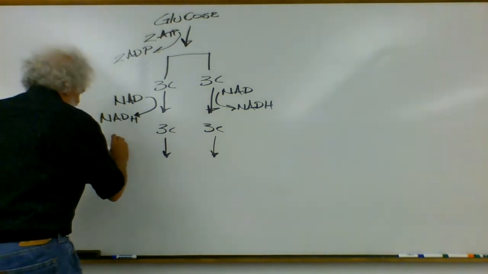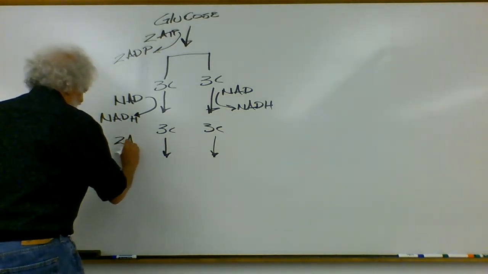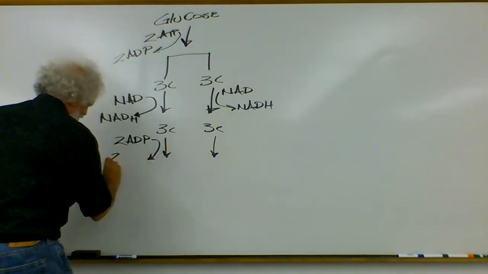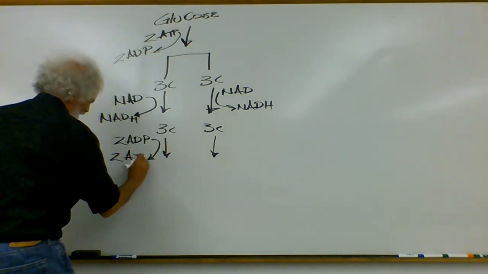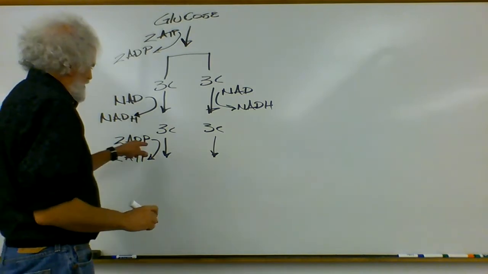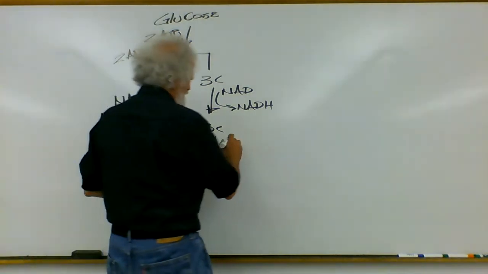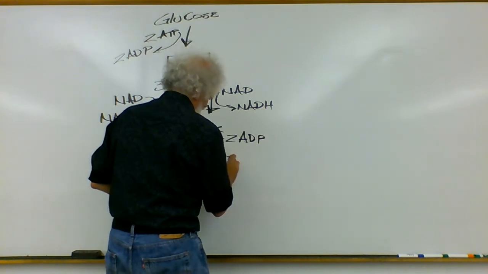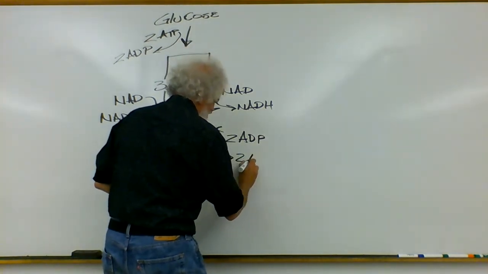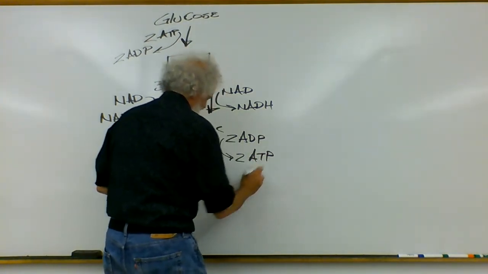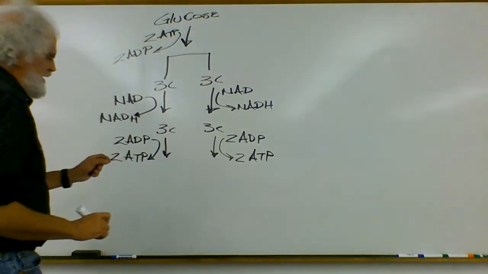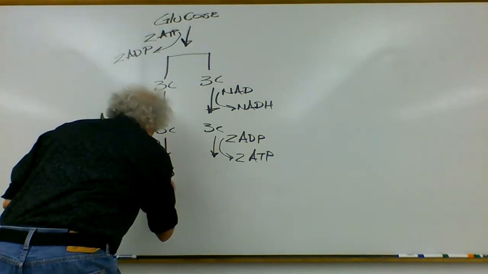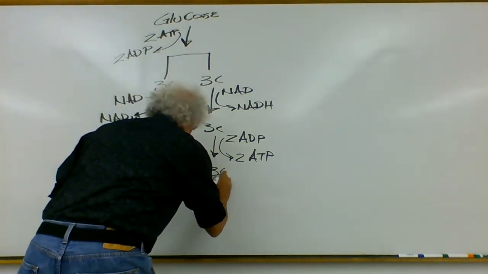So we have 2 diphosphates being phosphorylated to form 2 triphosphates. That happens here. Same thing happens on this side. 2 ADPs are being phosphorylated to generate 2 triphosphates. And finally, we're left still with 2 3-carbon molecules.